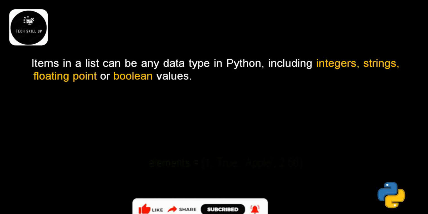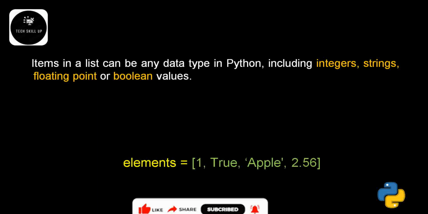Let's see an example: elements contains different values. We have 4 elements within that: one is a number, another is a boolean, another is a string and another is a floating point. That means a list can store any type of values.